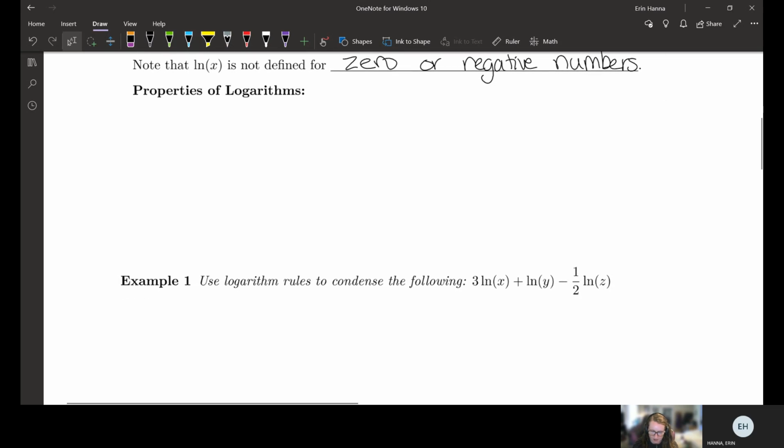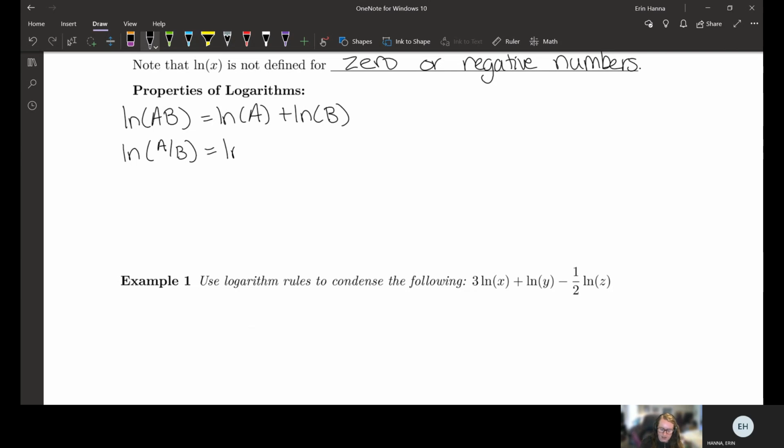Now we have some properties of logarithms, and they are the following. If we have the natural log of some a times b, now those can be anything, this can be rewritten as the natural log of a plus the natural log of b. If we have the natural log of a divided by b, note that these things are all happening inside of the logarithm, this can be written as the natural log of a minus the natural log of b.